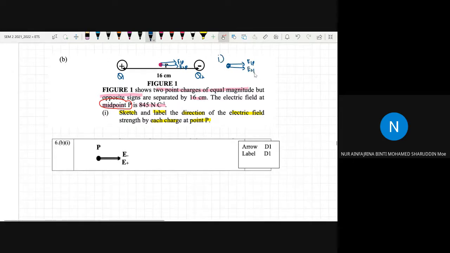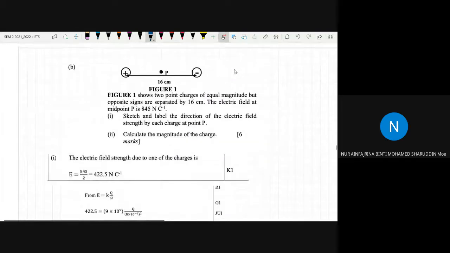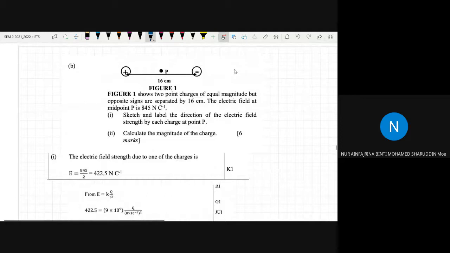Okay, so next question. Calculate the magnitude of the charge. Okay, now you need to calculate the magnitude of charge. Macam Miss cakap, dia both to the right, right? E1P dan juga E2P. So, dia dekat midpoint. So, midpoint ni maksudnya tengah-tengah.